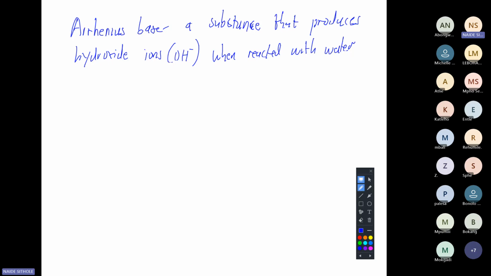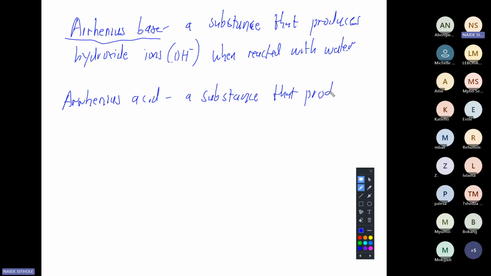Aqueous, aqua, it's water, right? Then an Arrhenius acid is a substance that produces hydronium ions in water or when reacted with water. Right, so that's your Arrhenius base and your Arrhenius acid.